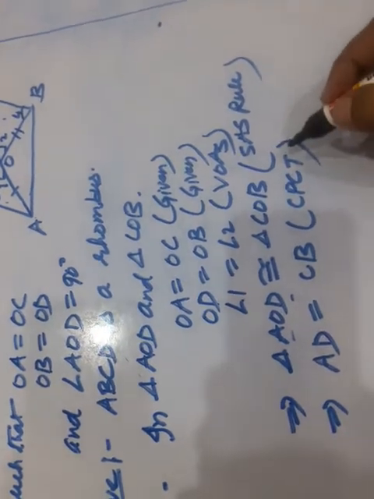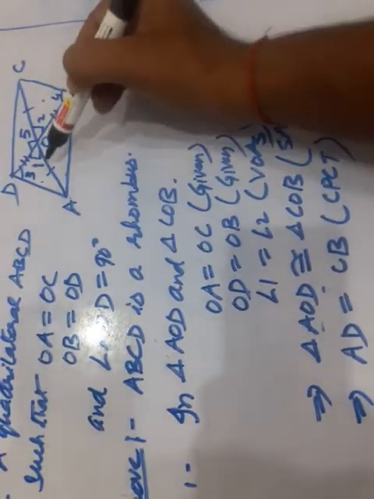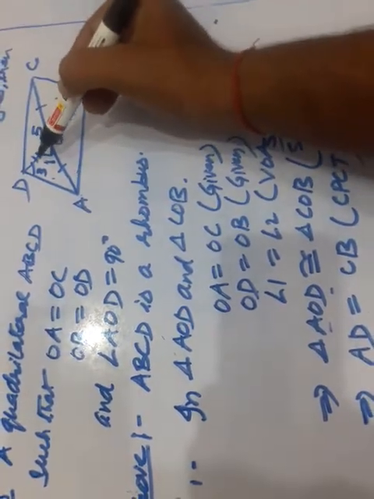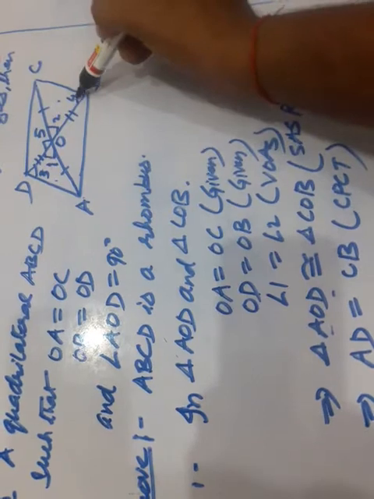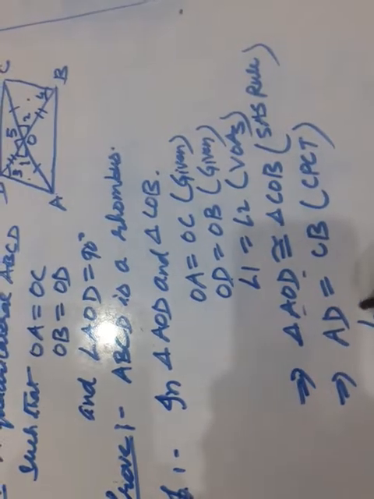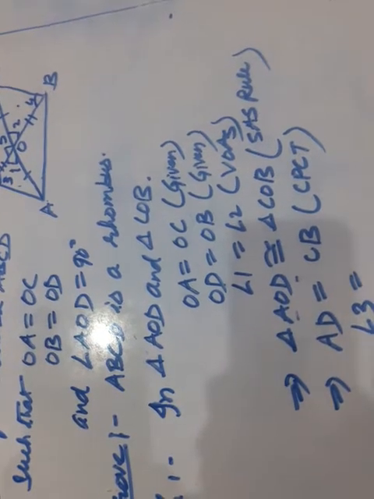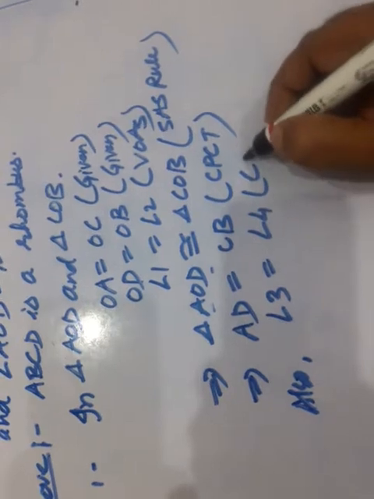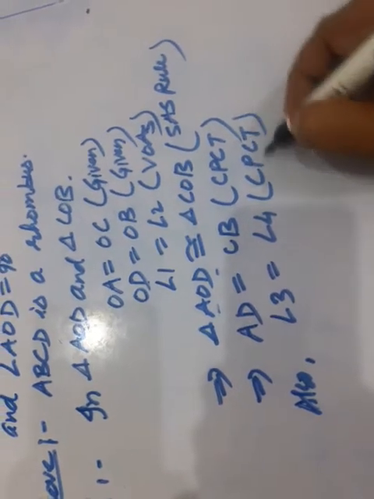Okay children, what else do you see? AD equal to CB, and also angle 3 equal to angle 4, that is again corresponding parts of congruent triangles.